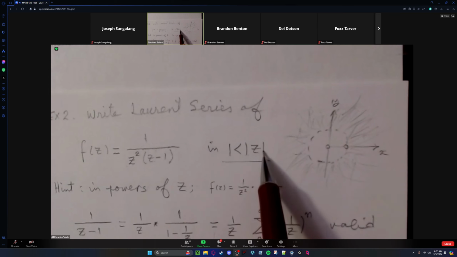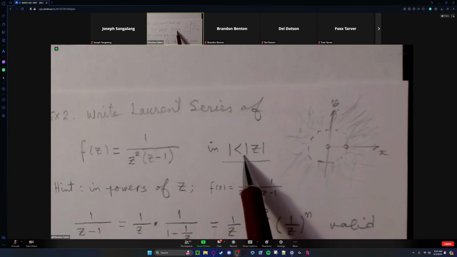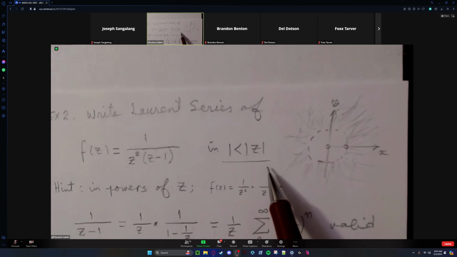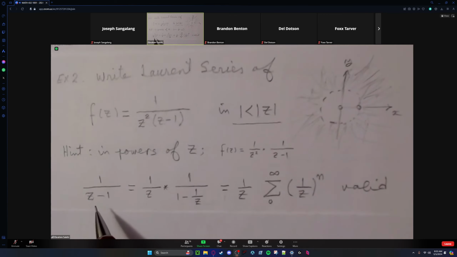When modulus of z is bigger than 1, you take the reciprocal, and modulus of 1 over z will be less than 1. All right. So here is this part of that function, 1 over z minus 1. If I factor z out of the denominator, I will not have any problem with this.